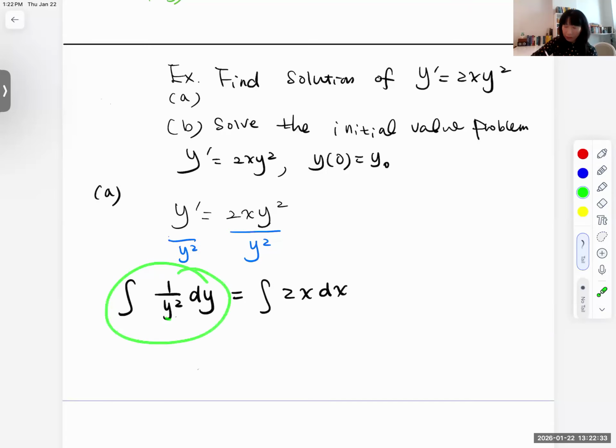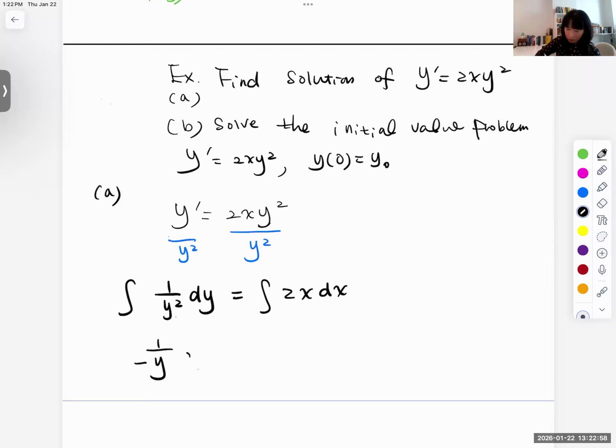Now take the antiderivative of this one. Y to the negative 2, add 1, divide by the new power, so there will be negative y to the negative 1, which is negative 1 over y. I don't have to write it all down because we have experience.